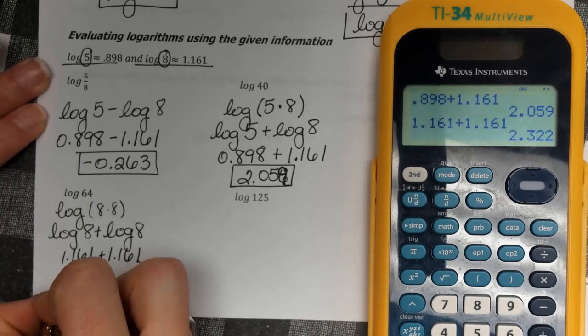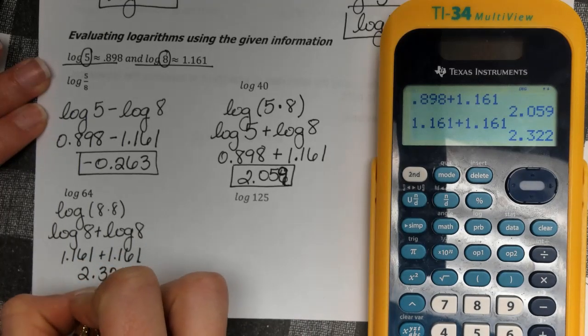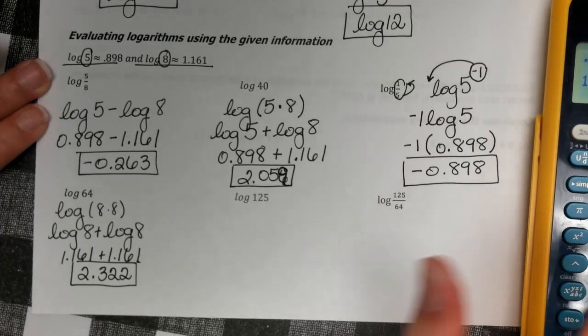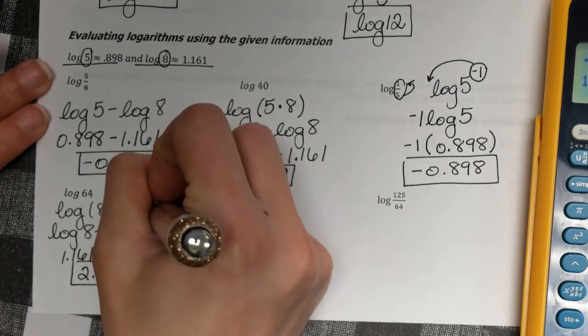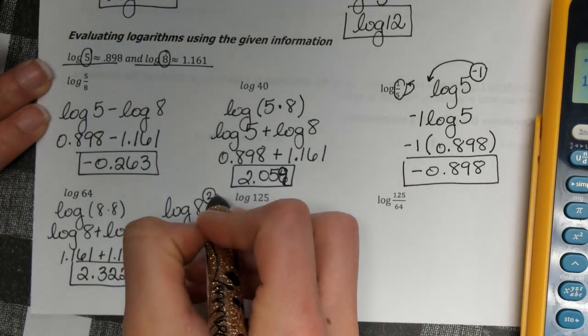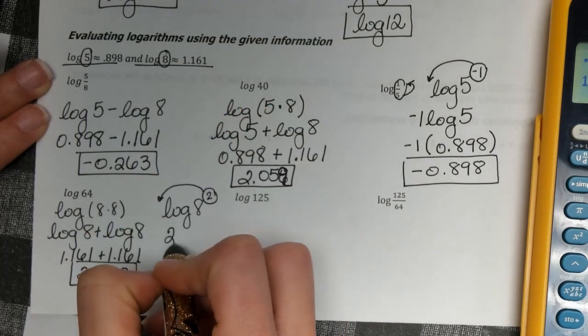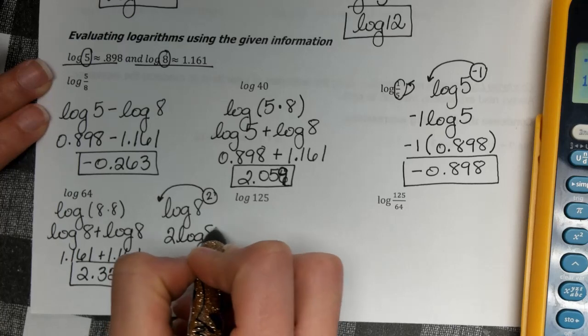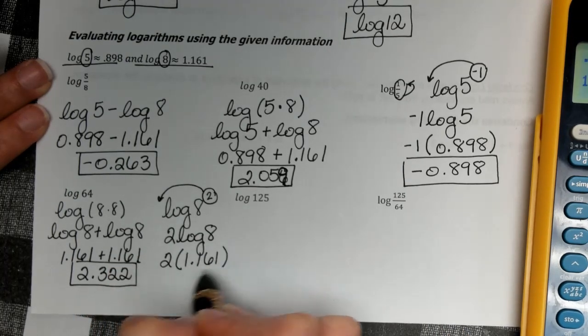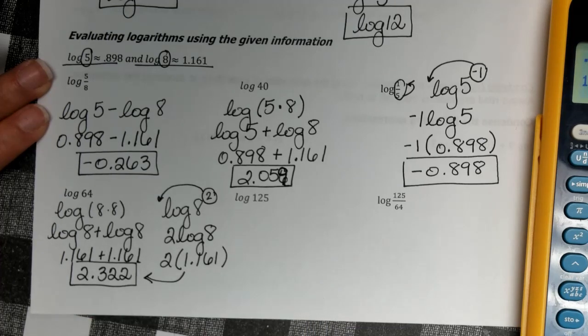Which gives me 2.322. Or if you see 64 is 8 squared, I could do log of 8 squared, bring my 2 forward to log of 8. 2 times 1.161, it's still going to give me my 2.322. So you can see it either way.